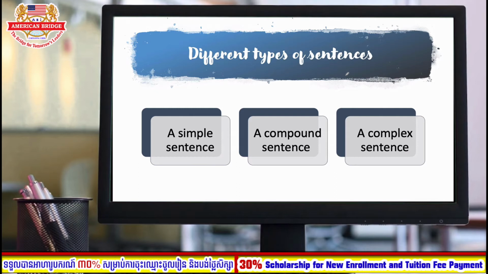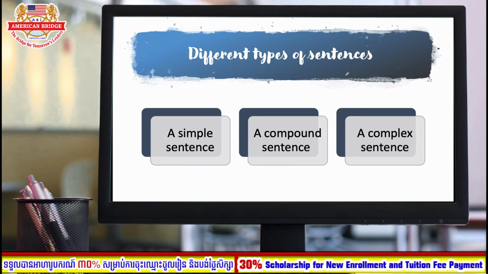So in English structure, we have different types of sentences. What I mean by the types of sentences in this context is that I want to emphasize the structure of the sentences. I'm not talking about the function of the sentences, right? So for the structure, we have a simple sentence, a compound sentence, and last but not least, a complex sentence.